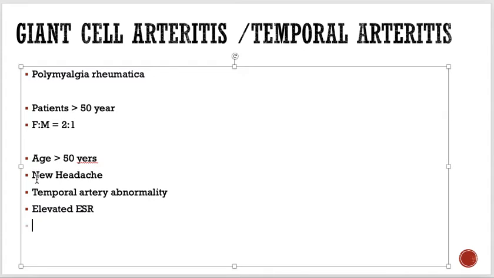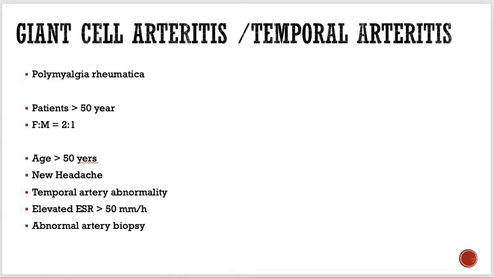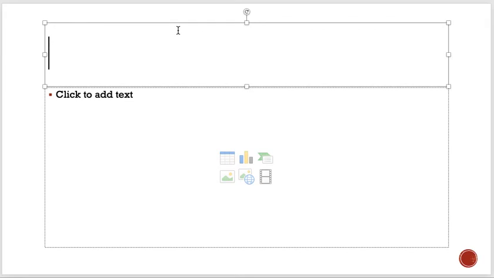The ESR in this case is very, very high, equal to or more than 50 millimeters per hour. And abnormal artery biopsy, I will show you the biopsy. We need just 3 out of these 5 to make the diagnosis.